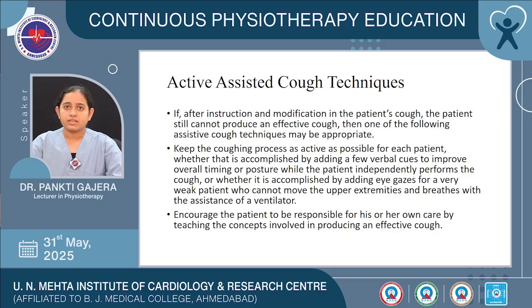Keep the coughing process as active as possible for each patient, whether that is accomplished by adding a few verbal cues to improve overall timing or posture when the patient independently performs the cough, or by adding eye gaze for a very weak patient who cannot move the upper extremities and breathes with the assistance of a ventilator. So we can say that as much as possible we have to make the patient cough actively.